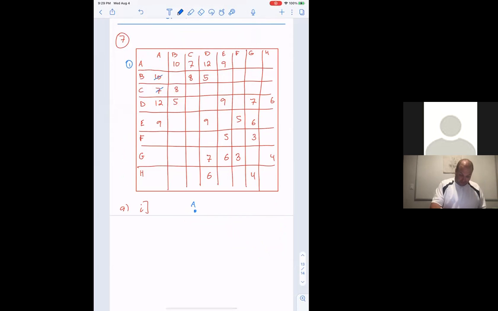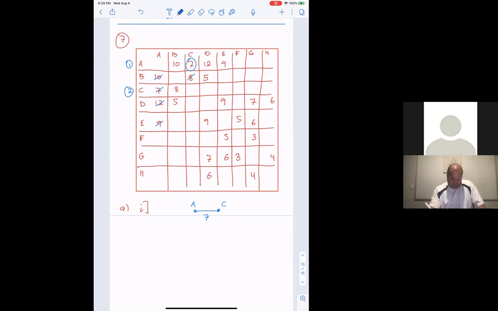We remove everything in the column of A and we pick the smallest connection to A, which is to E. Oh, no wonder it's not E, it's C. 7. 7 is smaller than E. Oh yeah, so A, C, you make one stupid mistake like that. Okay, so C is my second choice.